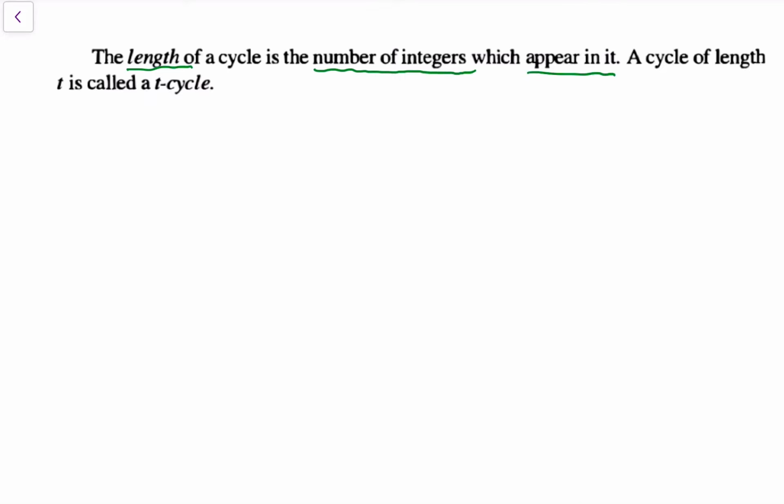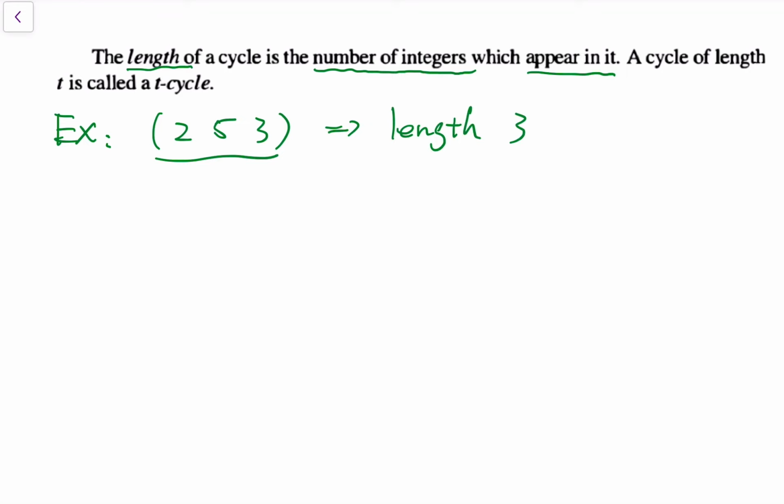For example, the cycle we talked about before has 3 integers in this string, so it has length 3. And for this one, (3, 1), it has length 2, because there are only 2 integers.